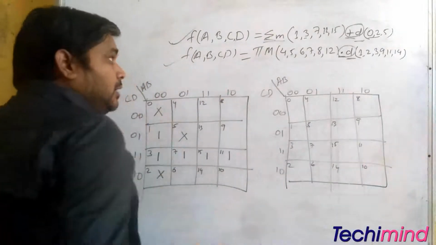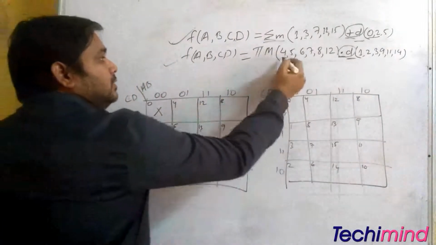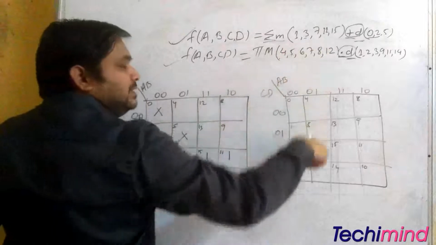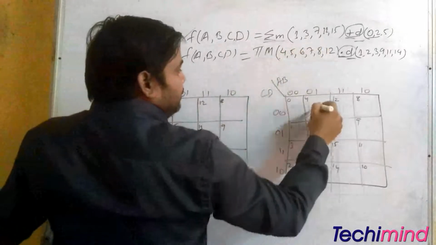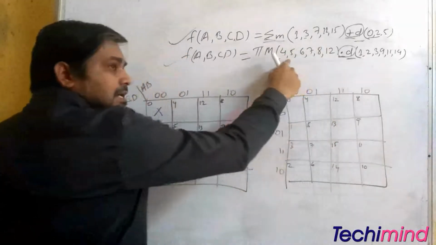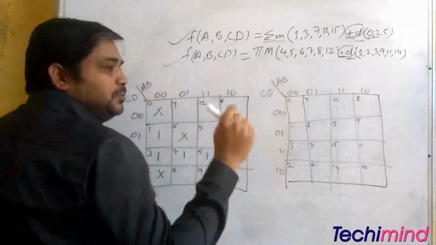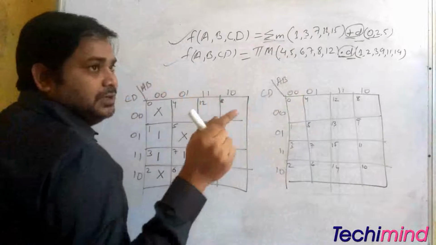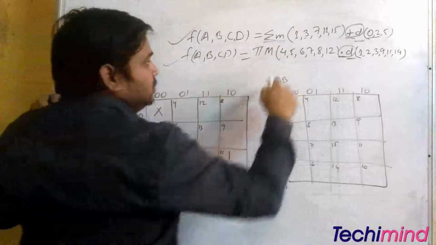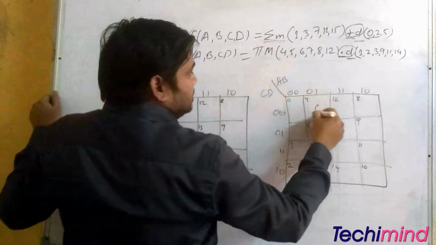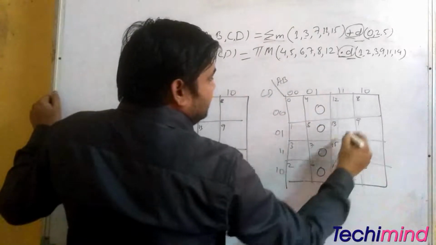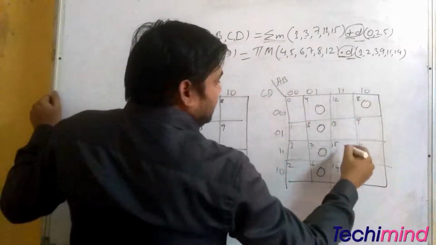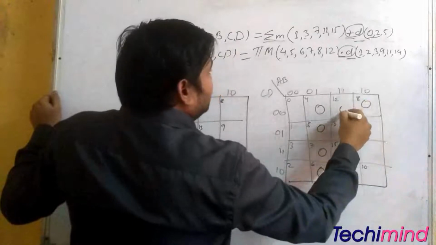So try to put the corresponding numbers in the corresponding cells. Then we have the capital pi, as it is in POS form, so we try to put 0 in the corresponding cells, not 1. So the zeros are 0, 4, 5, 6, 7, 8 and 12.